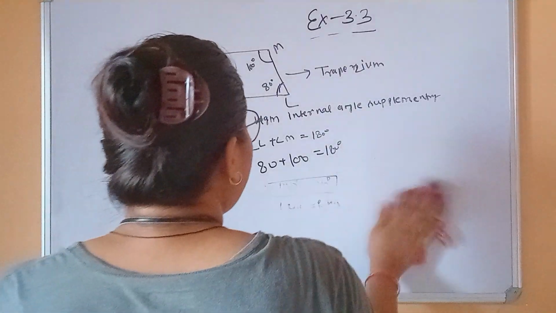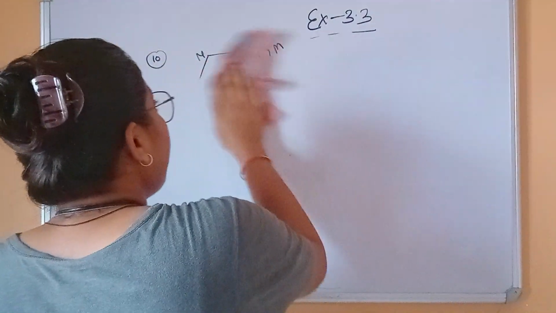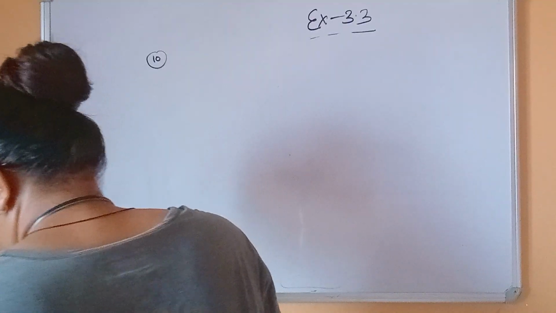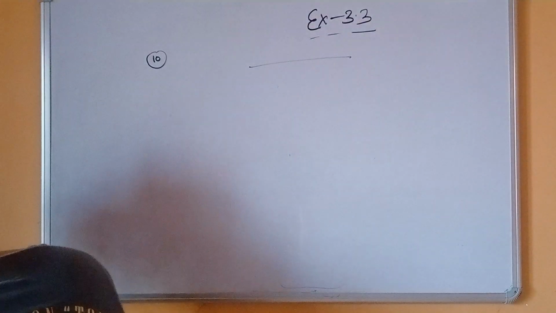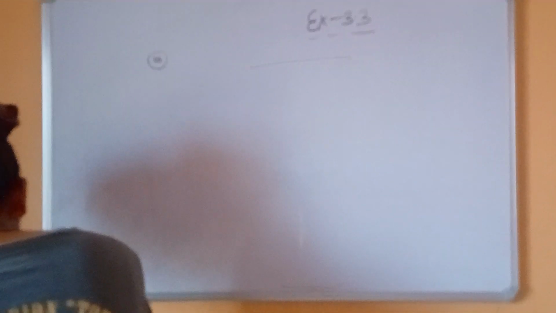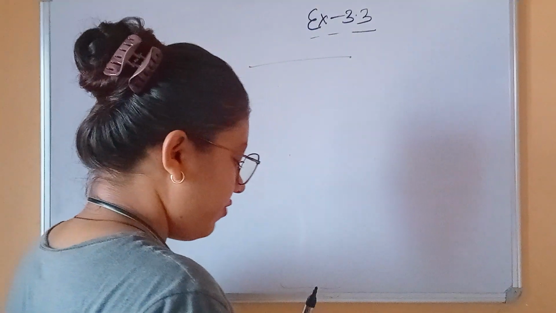Okay, so here in the 10th question, a figure is also given. So one figure is made, DC, just wait, moving very fast.